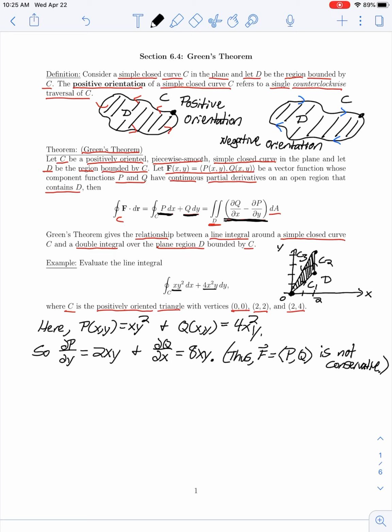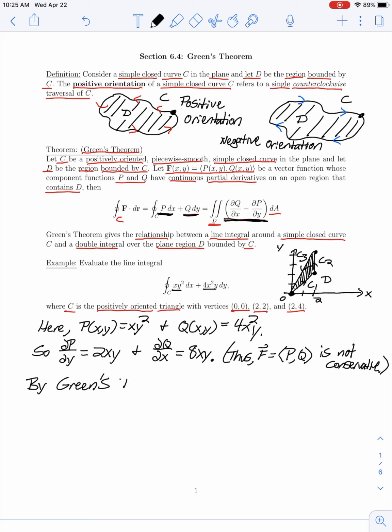Now, if this were conservative, well, we know the line integral of a conservative vector field over any closed curve would be 0. But since it's not conservative here, we likely have a non-zero value for this line integral. So to evaluate it, we could make use of Green's theorem.